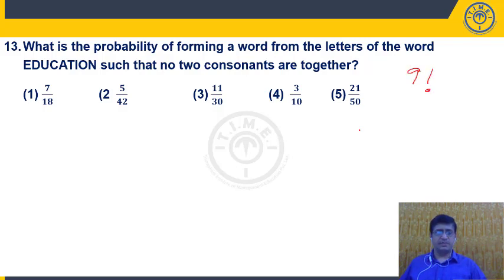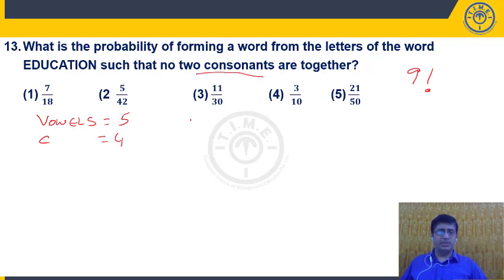These are the total outcomes. Now, no two consonants together means let me see how many vowels are here: A, I, O, U are the vowels. 5 vowels here, and the consonants are 4.